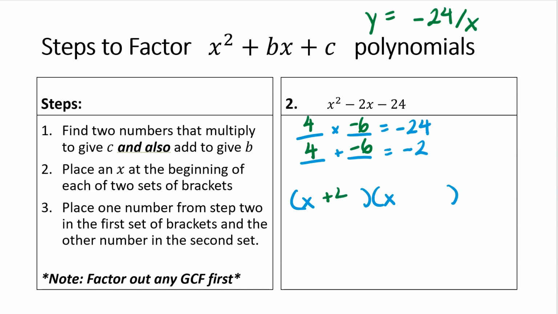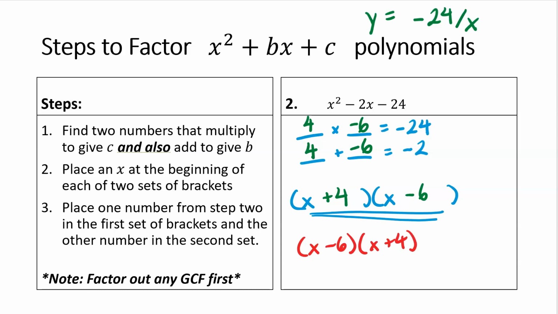We had a positive 4 and a negative 6. If you expanded that out, you would get your original result. So that is our answer. If you happen to write x minus 6 times x plus 4 instead, that is also correct. So let's keep going.